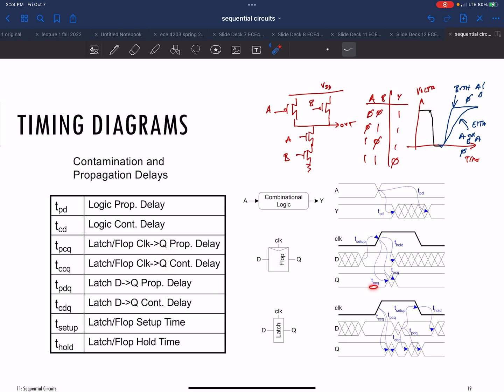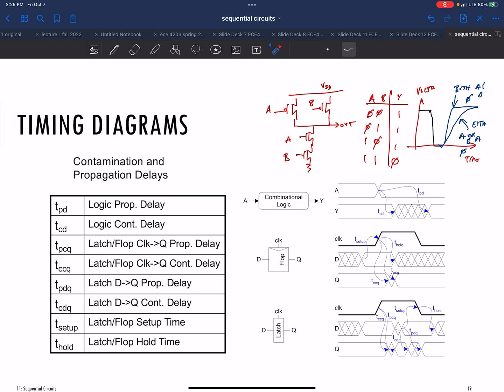The first C stands for the contamination clock to Q delay, so it's the shortest delay from clock to Q. And PCQ is the longest delay, the propagation clock to Q delay. So those are those two times in a flip-flop, okay?